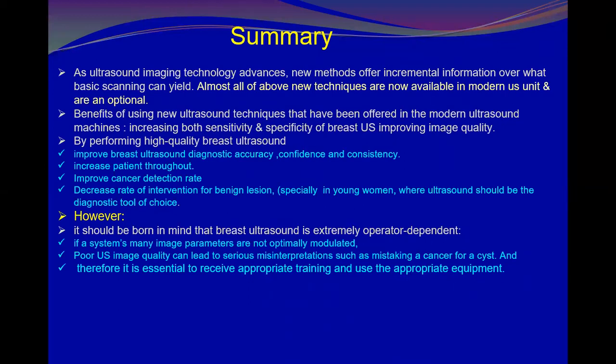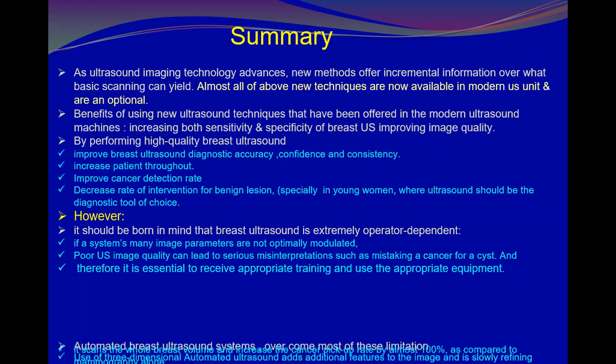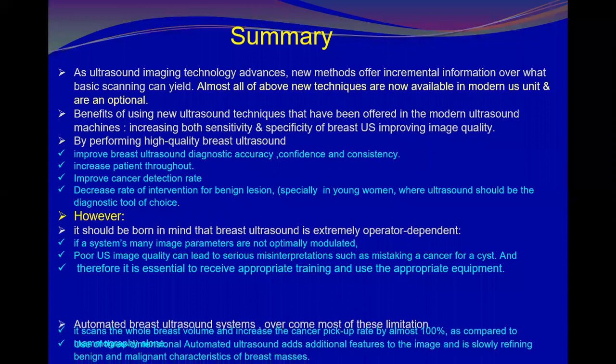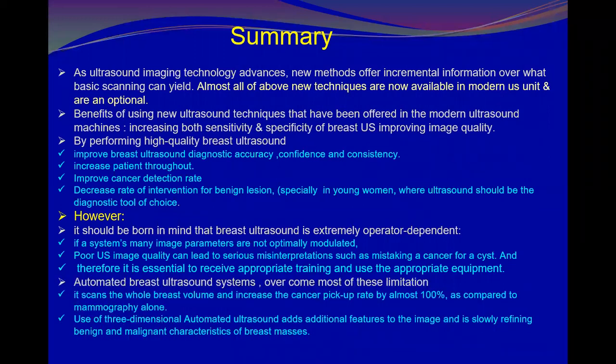And therefore, it is essential to receive appropriate training and use the appropriate equipment. Automated breast ultrasound systems overcome most of these limitations. It scans the whole breast volume and increases the cancer pickup rate by almost 100% as compared to mammography alone.